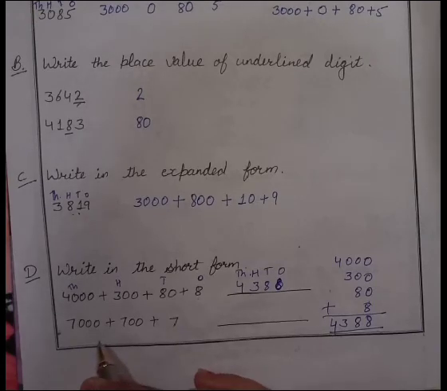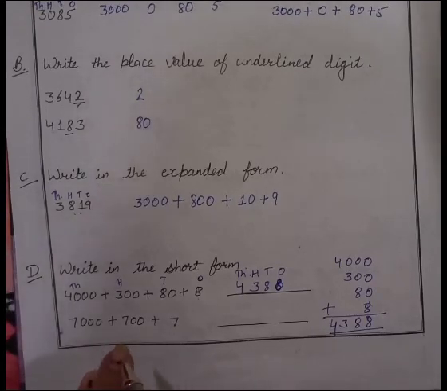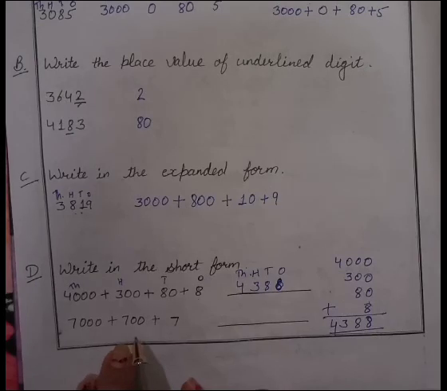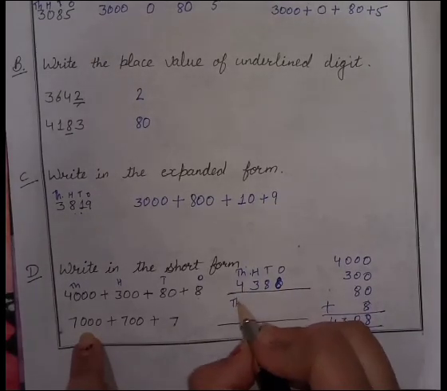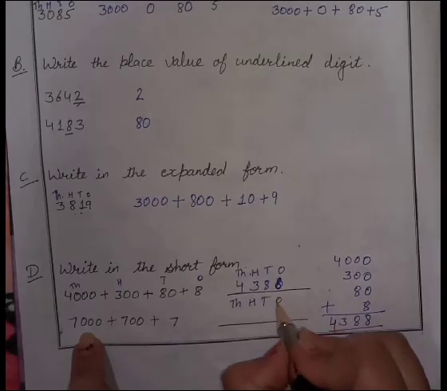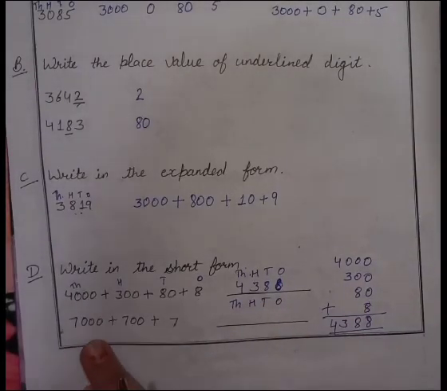With the same method, any method you can choose. I told you two methods, one addition and one directly. So with the same you can do the next part. On 1000 place, 100 place, tens place and ones place we have to check the numbers.